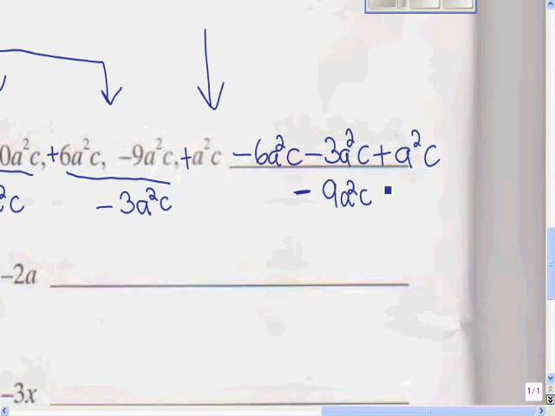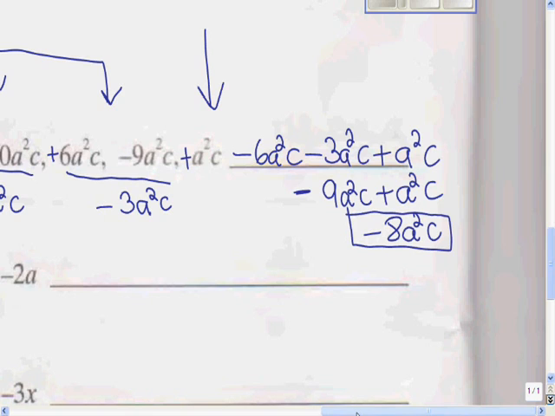And then I've got a positive a squared c. Negative 9a squared c and a positive a squared c equals, well, the signs are different, so I'm going to subtract, right? So 9 minus 1 is negative 8a squared c. I hope you got this answer.